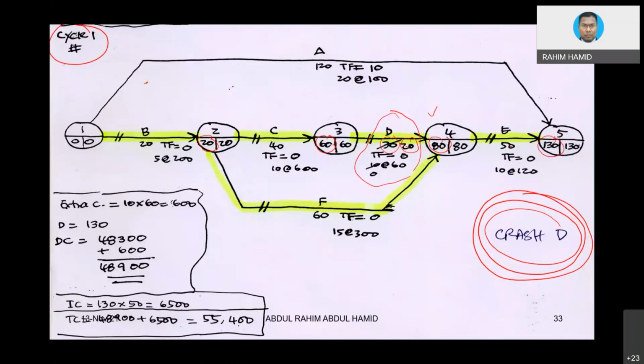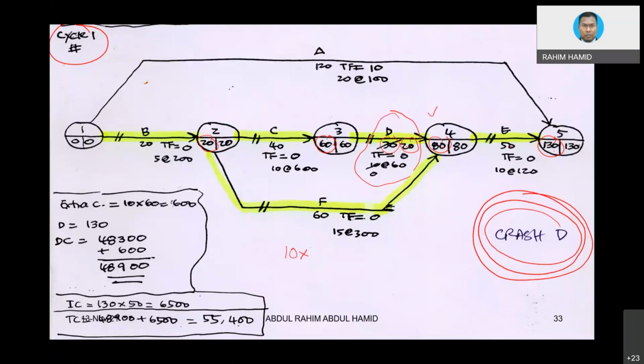And what would be the project cost? What would be the additional cost? Focus on D. We already cut 10 days. Each day the cost is basically 60, because that is the cost slope.